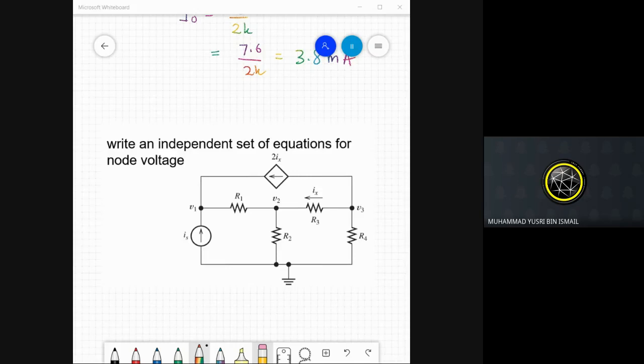Jadi pada R3 ni kita boleh tulis equation mengikut flow Ix. Okay, so basically Ix is equal to V3 minus V2 divided by R3.